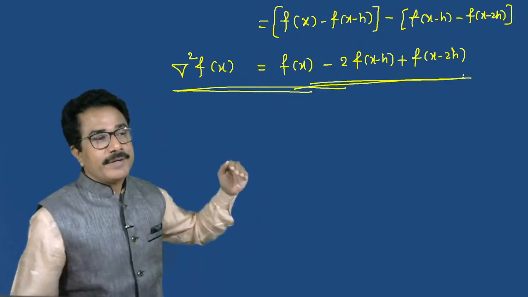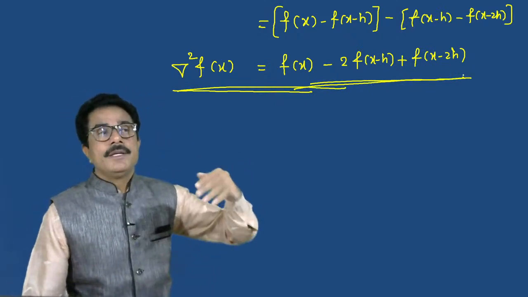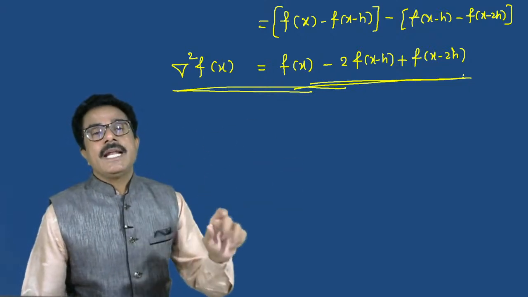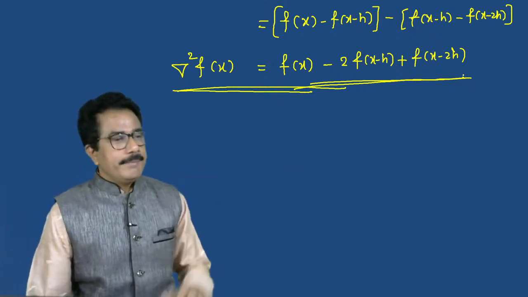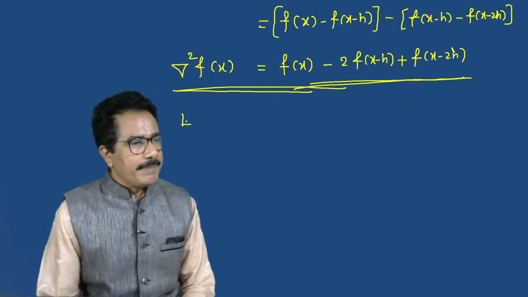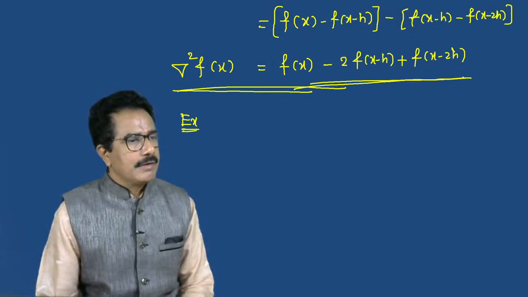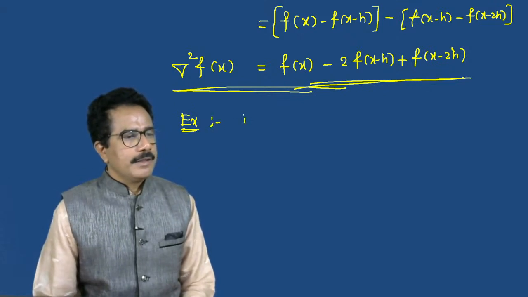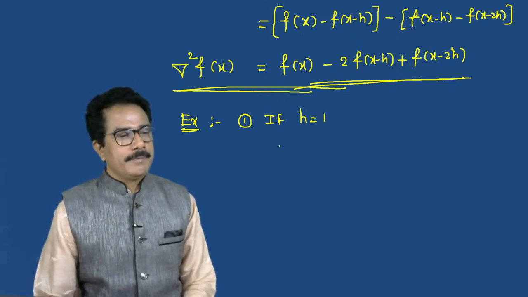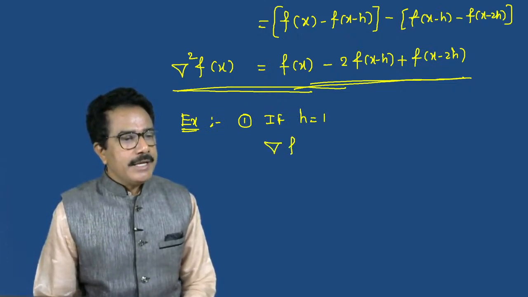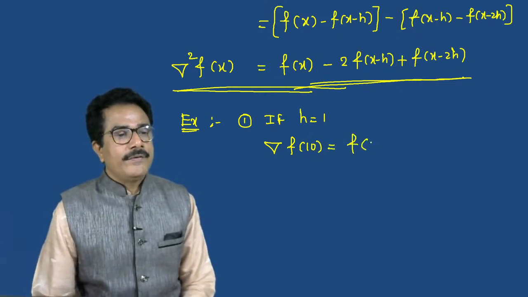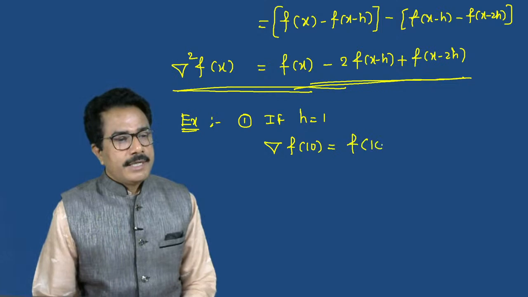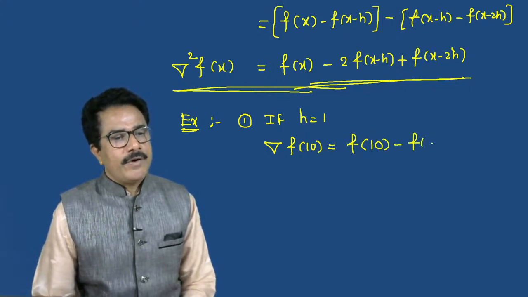What is the difference between del and delta? In delta, we subtract the given function from the forward function. For example, if h is equal to 1, then del f of 10 can be written as f of 10 minus f of 9.